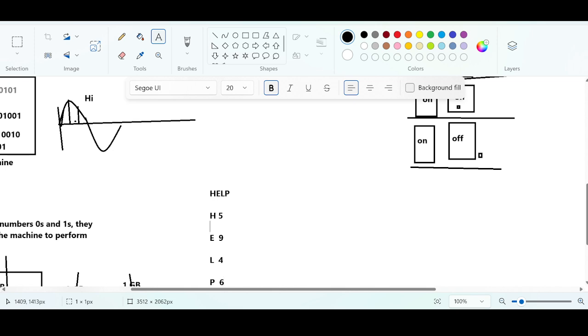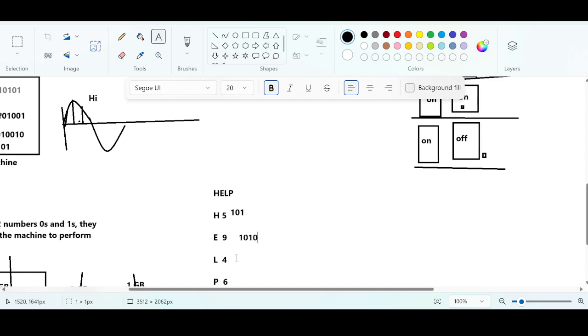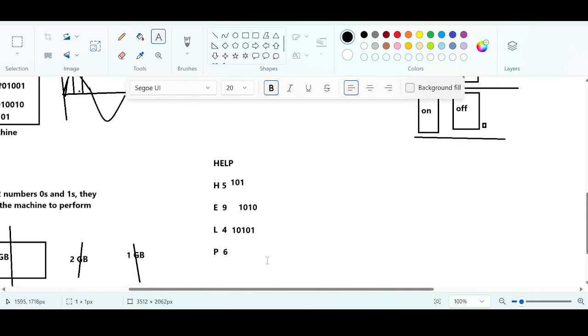This 5, 9, 4, 6 will get converted to a binary number. Let us say 5 is representing 101. 9 is representing something else; they will convert each number to a binary form, a machine-understandable form.